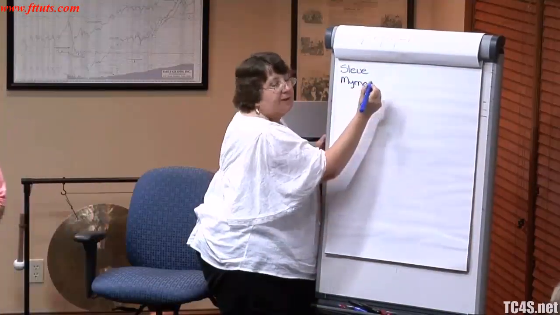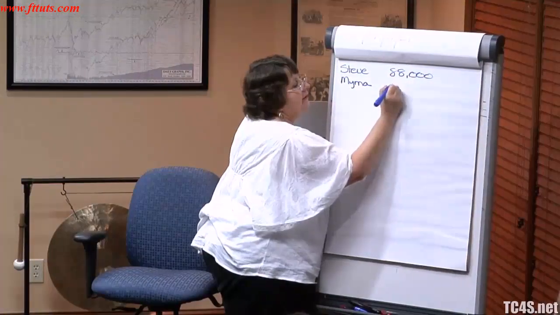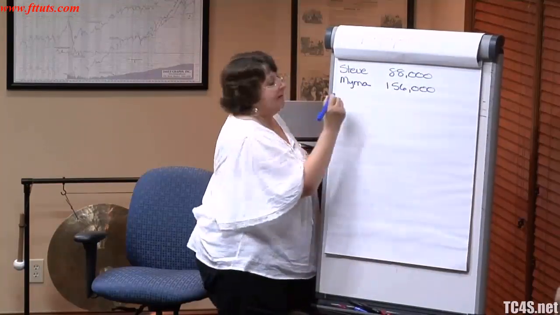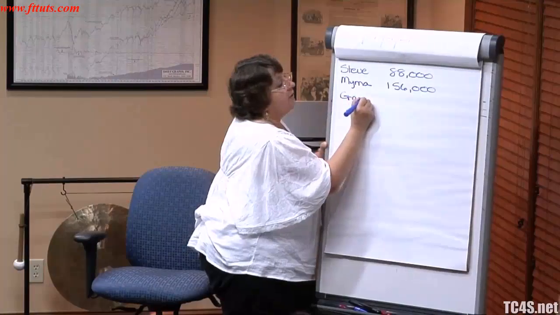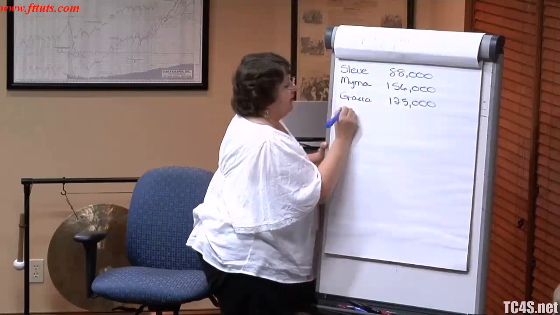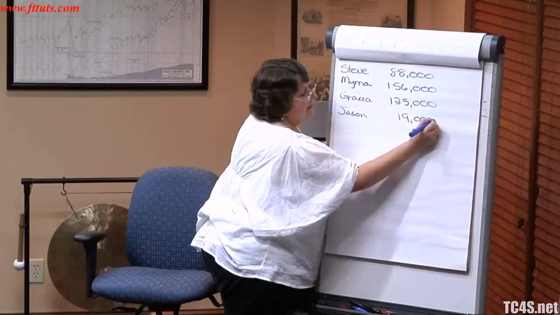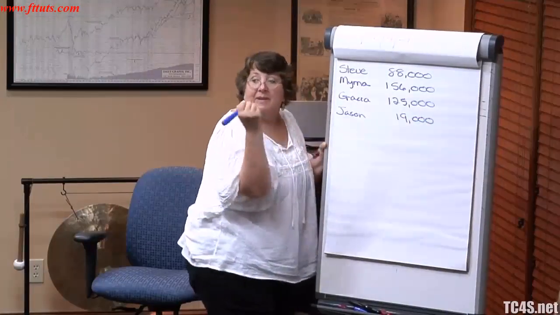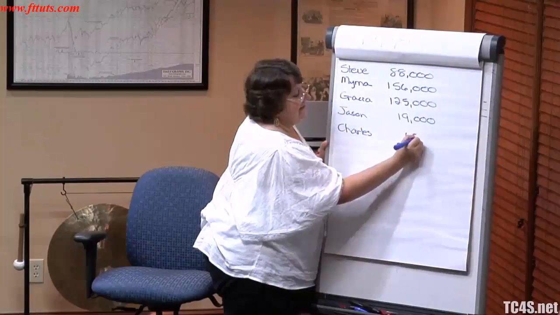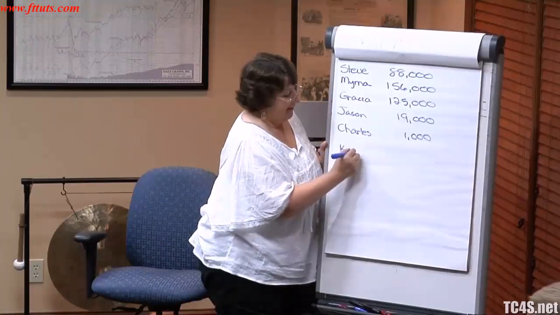Okay, Steve, what's your equity? 88,000. Myrna? 156. Rachel? 125. Jason? 19. At least it wasn't bankrupt. Charles? 1,000. Down $3 to 19, same as Jason.